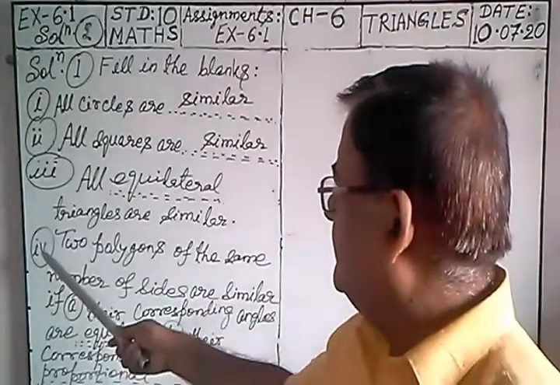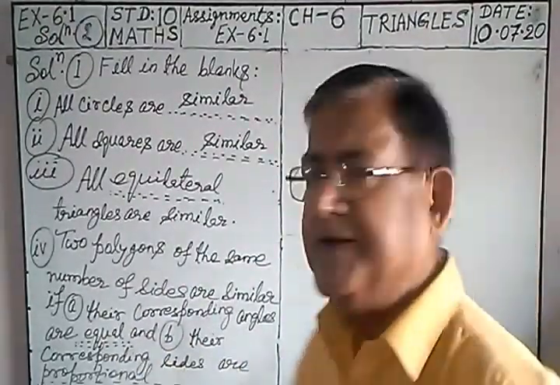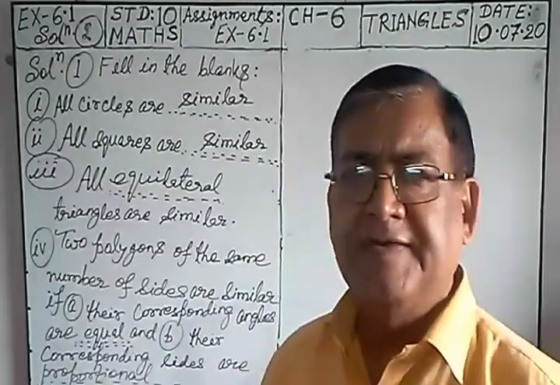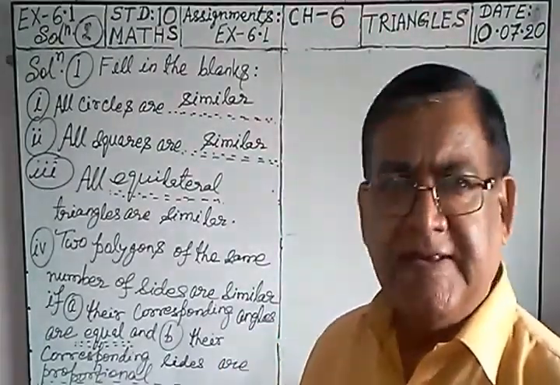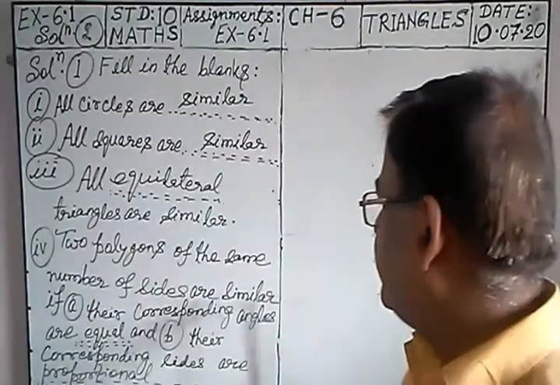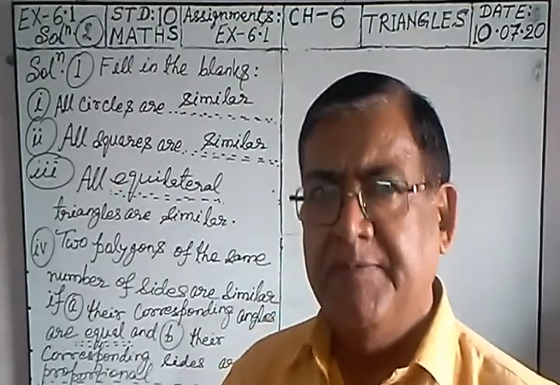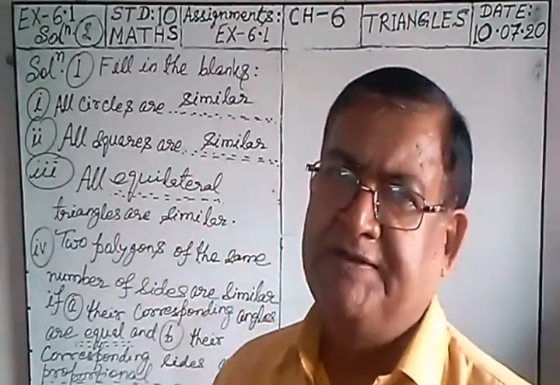Then coming to the fourth, two polygons of the same number of sides. This is also a rule for similarity of polygons. Suppose there are two polygons having the same number of sides.